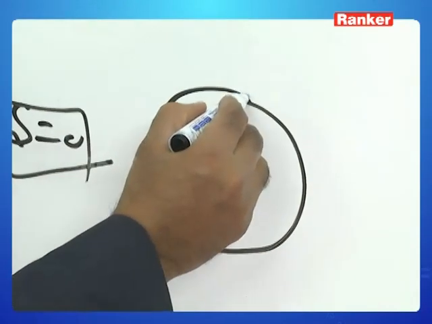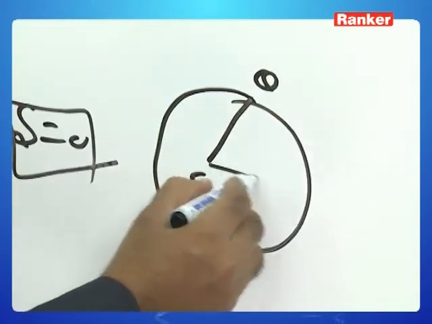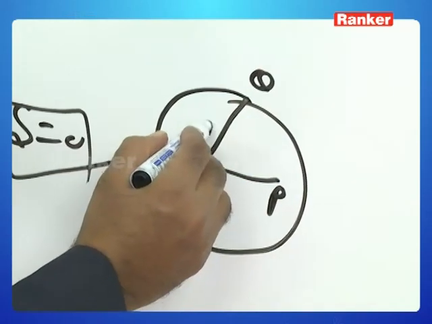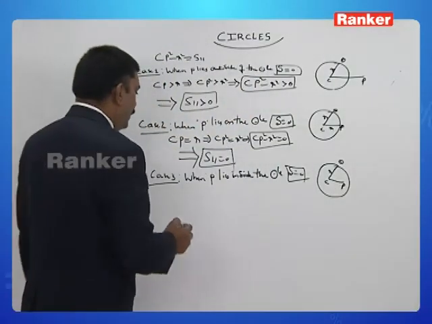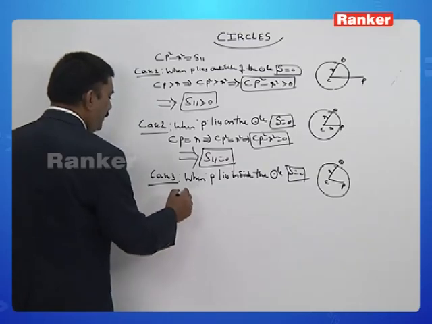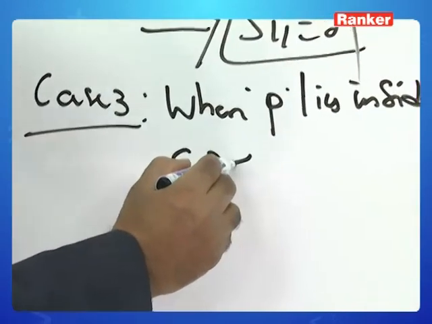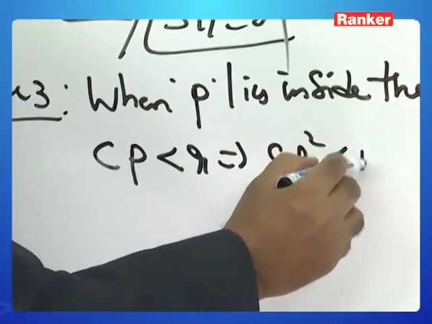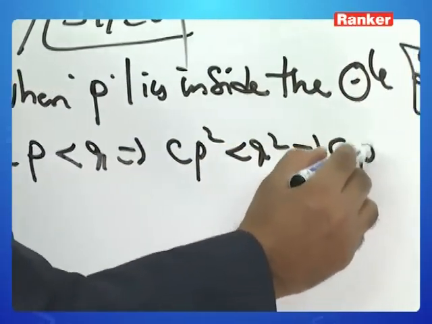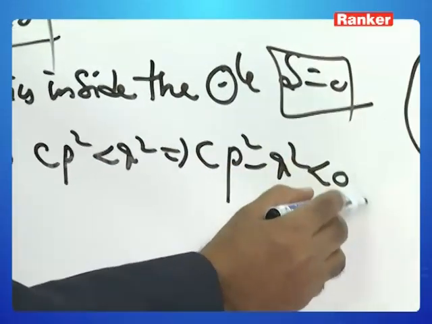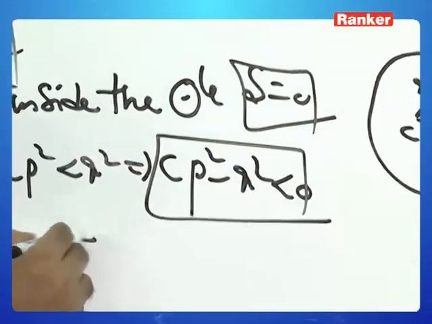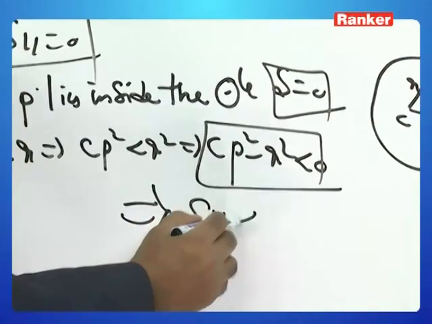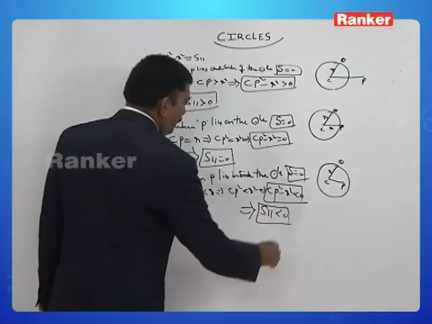Therefore, this is C, this is Q. I take this as P, right? This is the radius. So you can very well observe from the figure CP is less than R. Therefore, CP square is less than R square, which implies CP square minus R square is less than 0. Nevertheless, I can write S11 less than 0.